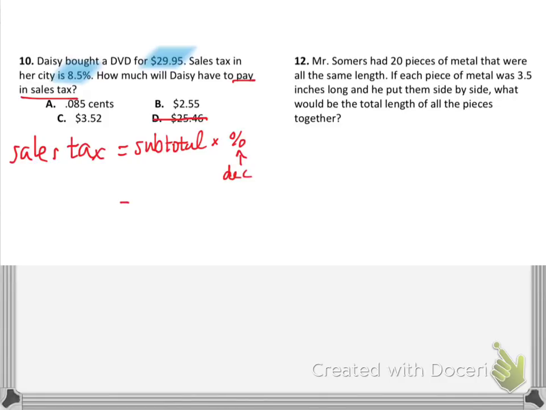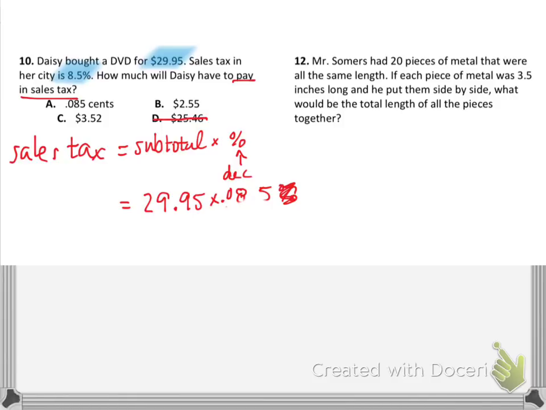Alright, so our subtotal, he just bought one thing, so it's $29.95 times the decimal. So we have 8.5%, but we have to move the decimal 2 places to the left, which means I need a 0 right there, and we need to get rid of that percentage sign. Okay, so now I am multiplying by 0.085.